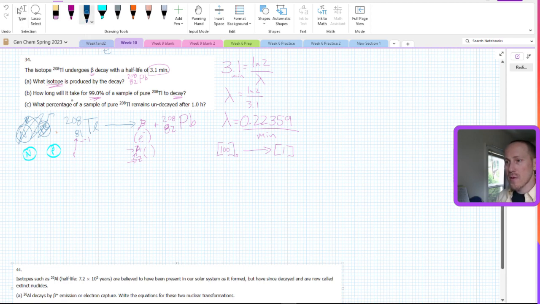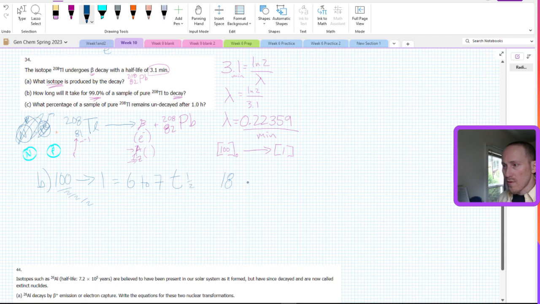So now let's do some algebra and see if we should get that. So for B, we just figured out that to get from 100 to 1 via dividing by 2 over and over equals between 6 and 7 half-lives. So 6 half-lives, if the half-life is 3.1, that would be 18 minutes.